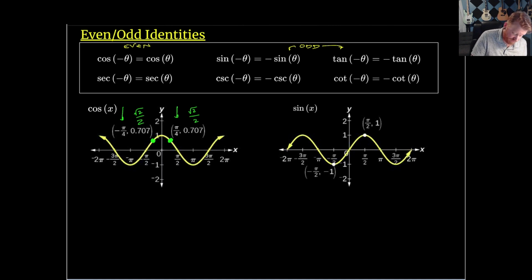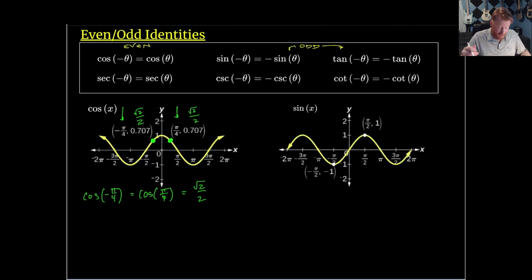So we can see that the cosine of negative pi over 4 is equal to the cosine of pi over 4, because they both have an output value of positive square root of 2 over 2. And we can see that for any point on the graph.